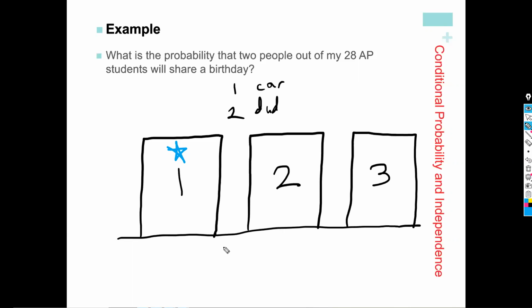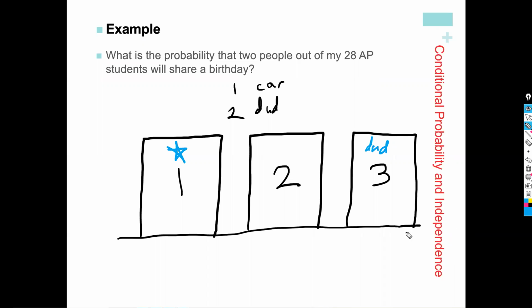And the host wants to ramp up the tension here. They want to make it more intense. And so they are going to reveal one of the dud prizes. So let's say they open door number 3 and say that it's a dud. Because they're not going to open up the car and let them know that they lost. They're going to ramp up the tension and open up the dud prizes.